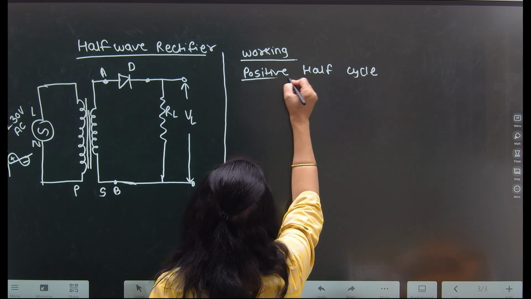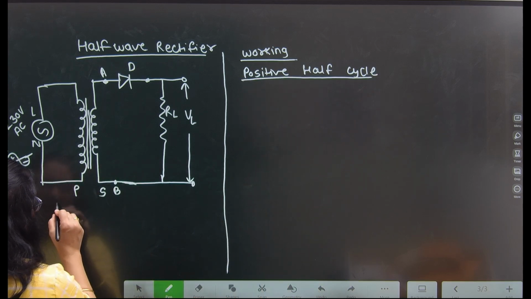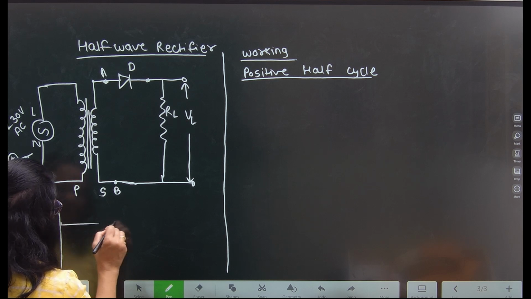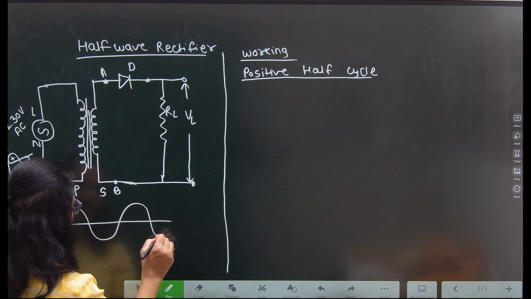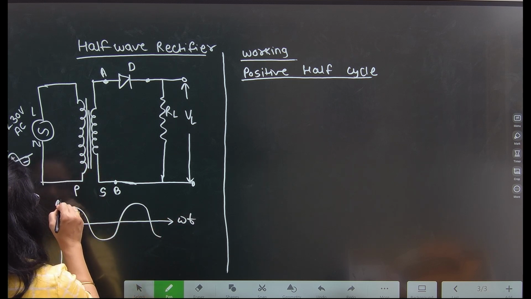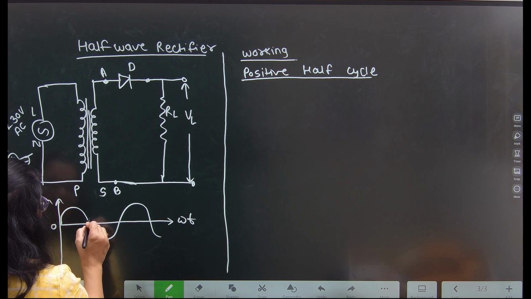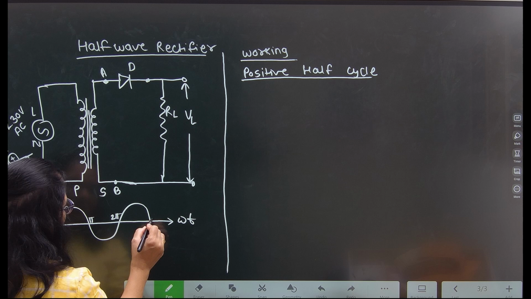When we give input to this rectifier, here consider omega t, and here the input voltage Vn. It starts from 0 to pi, then 2 pi and 3 pi.